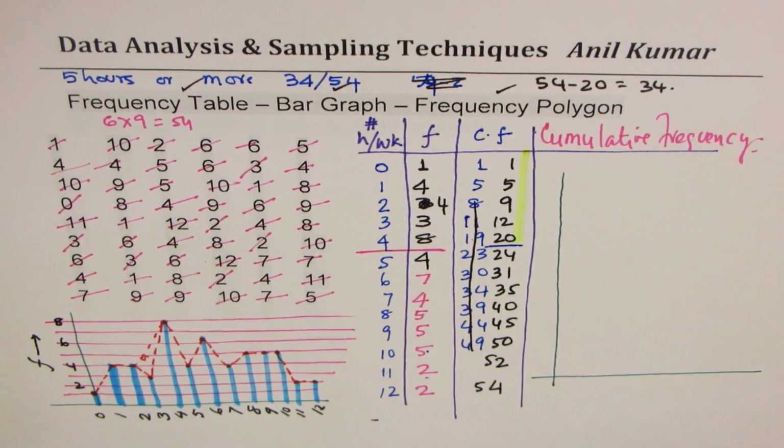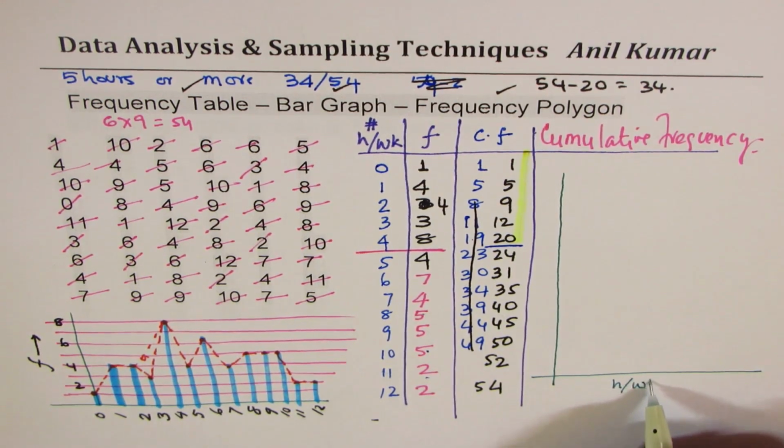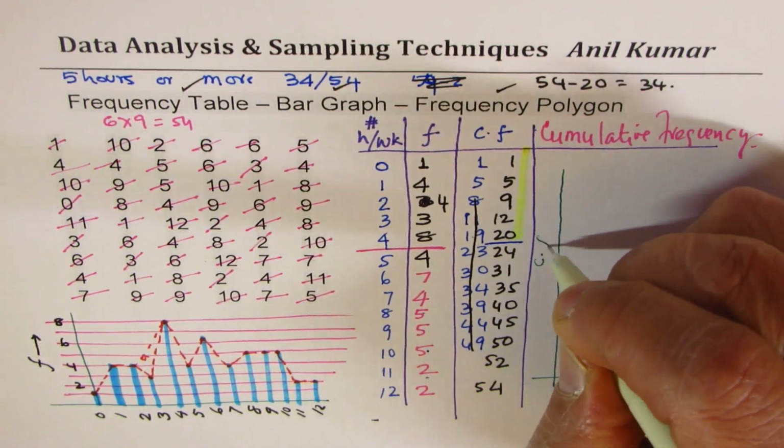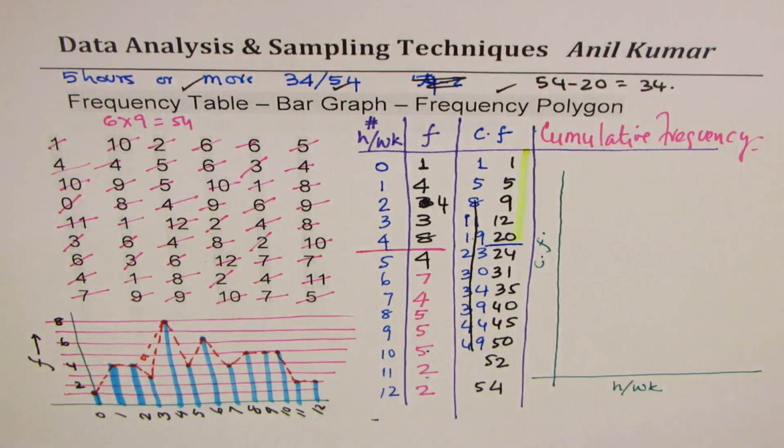And here we have the numbers, which is hours per week. Perfect. And on this side, we have cumulative frequency. So let me sketch a cumulative frequency graph also on this page.